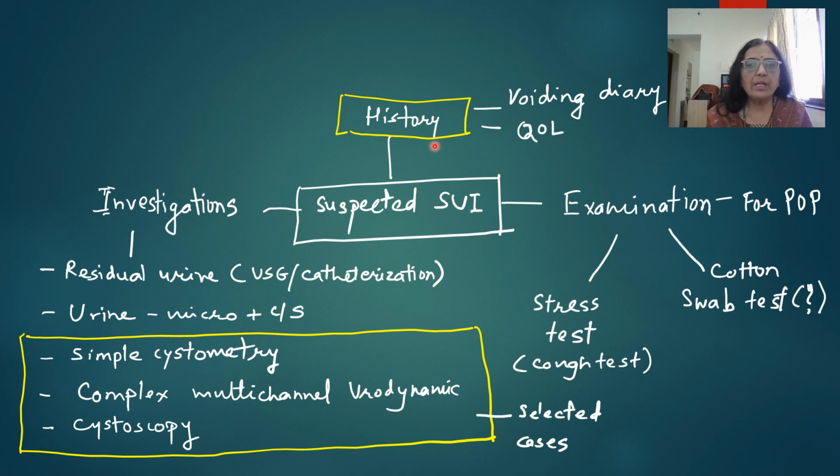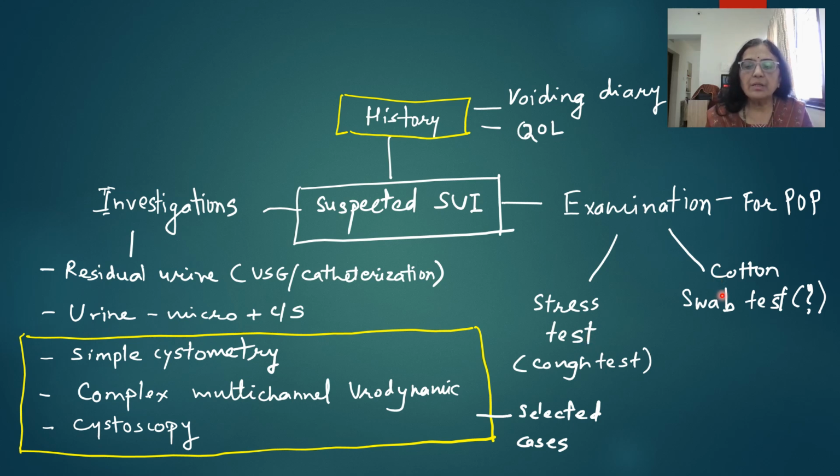In suspected SUI, you take a detailed history and you can take help of a voiding diary, and we need to assess whether it is affecting quality of life or not. That is most important. On examination, we need to examine for anterior and posterior compartment defect or pelvic organ prolapse. If we get a positive stress test or cough test, that helps a lot in a clear-cut diagnosis.